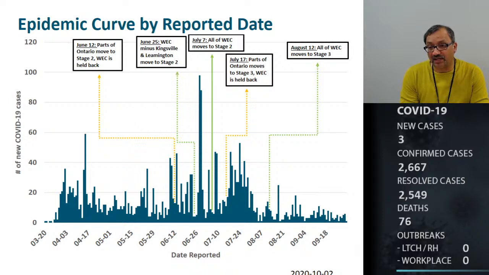In the middle of June, most of Windsor-Essex moved into stage 2, followed by the rest of Windsor-Essex. Immediately after moving into stage 2, the entire Windsor-Essex saw a surge in the number of cases, and then there was a delay in moving us to stage 3. Since we moved to stage 3, we have seen some spikes, but overall, the trend is moving in a downward direction.